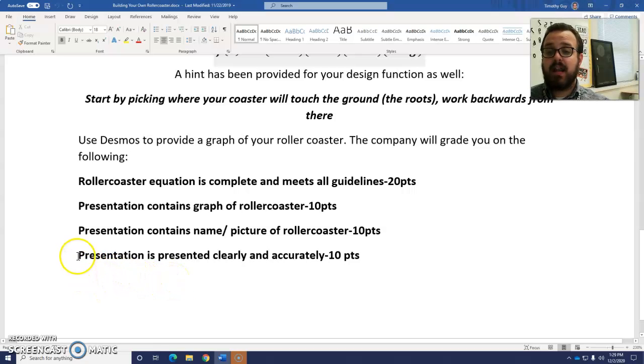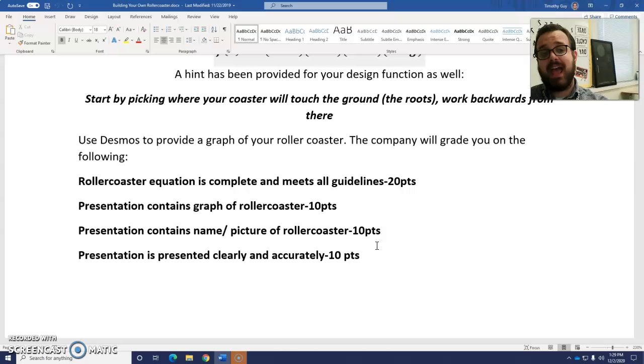In fact, what I'm really going to ask for this portion right here is that I want you on one of your slides to describe your process, okay? So basically on that slide, what you need to tell me is, hey, in order to do my roller coaster, I picked for this, this, and this to happen. I plugged in these values.